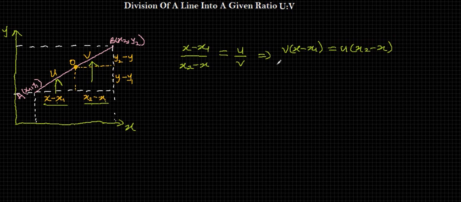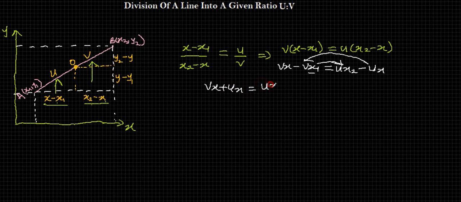So let's solve this further. If we open the bracket here, we have vx minus vx1 equal to ux2 minus ux. So what we are going to do here is factorize x outside. That means we move this to this side, and we move this to this side. So we have vx plus ux equal to ux2 plus vx1.